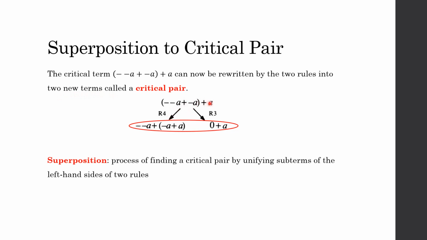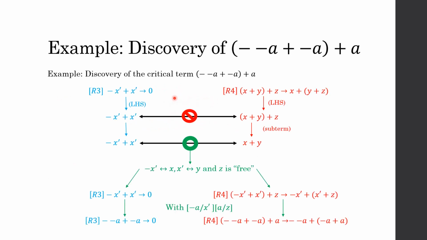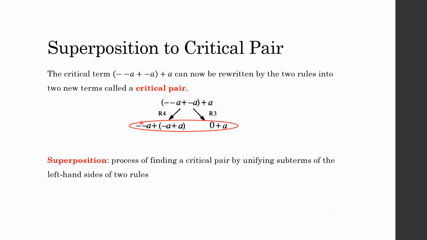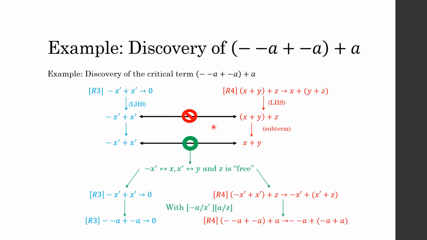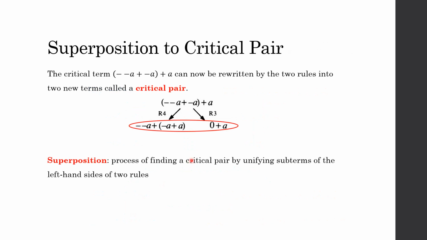For R4, we just apply the modified R4 we have over here, and we get this term. For R3, we are not using any of this plus a. We are just rewriting this subterm using R3, which over here becomes 0, and then we get this.